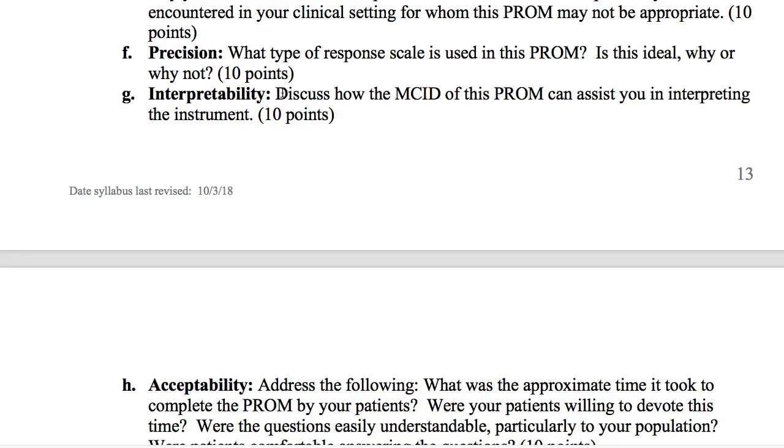How difficult was it to interpret the data? And was there a big spread in that MCID, or was it very narrow, which made it pretty difficult for you to interpret what the results of this instrument were about?